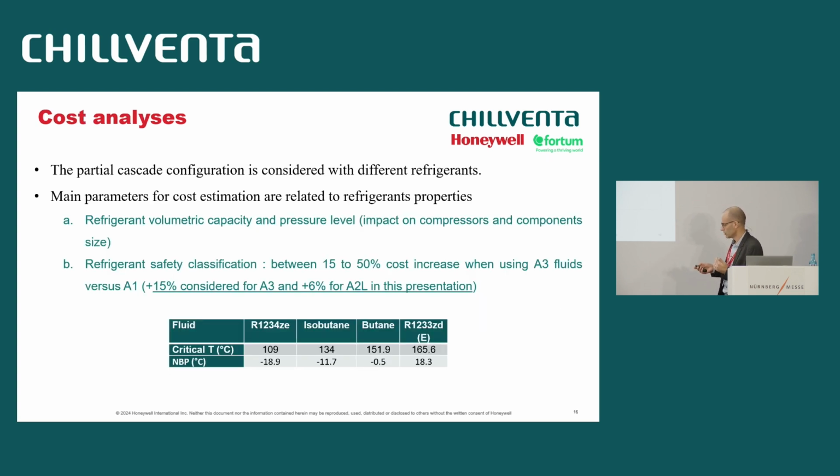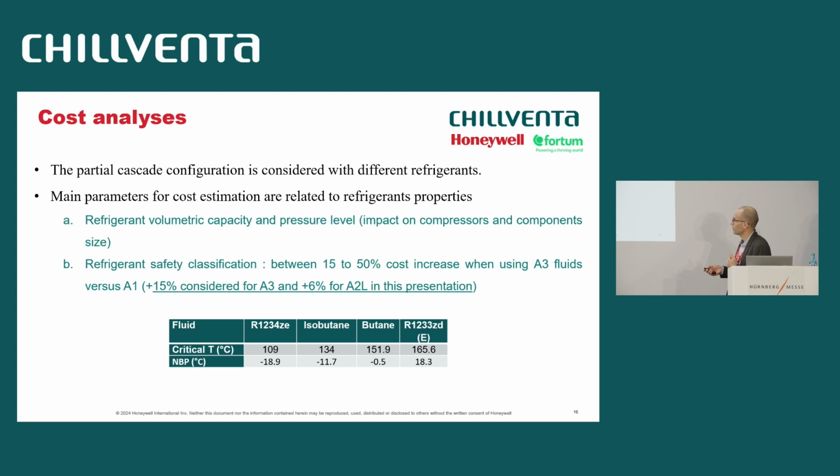We also tried to do an analysis of the cost of this partial cascade and to see what will be the impact if we have an A1, A2L or A3 refrigerant, and we focus our analysis on volumetric capacity and pressure ratio and the impact on the capex.